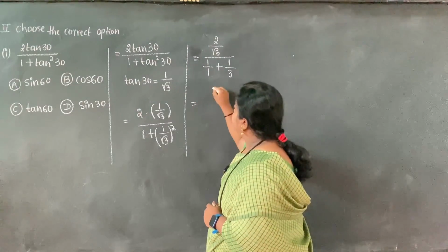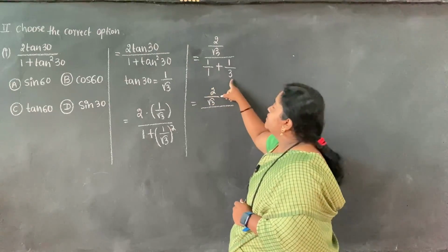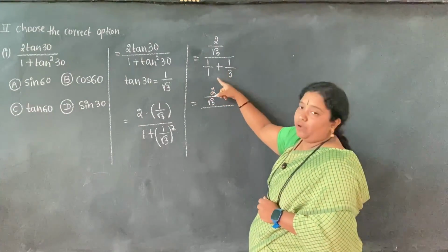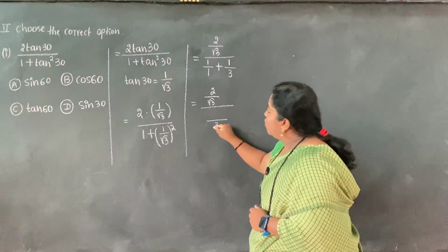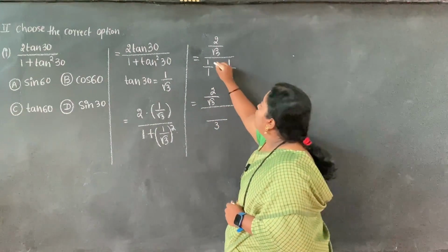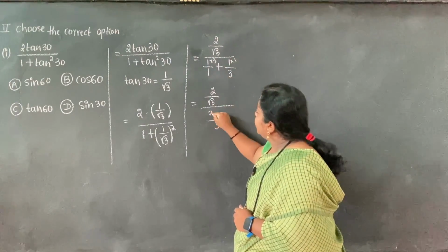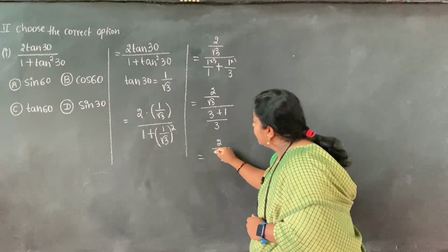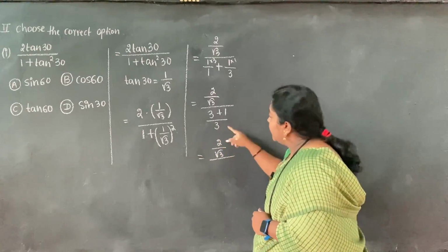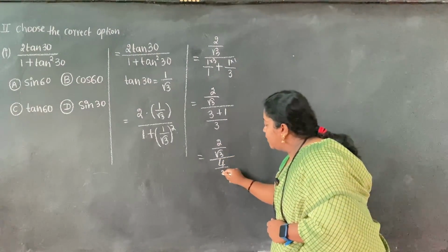Now simplify the denominator. Numerator I am going to keep as it is. What is there in the denominator part? 1 and 3, LCM will be 3. So 1 3s are 3, 3 1s are 3, 1 1s are 1. So what I got here? In the numerator 2 divided by root 3. In the denominator 3 plus 1, 4 divided by 3.